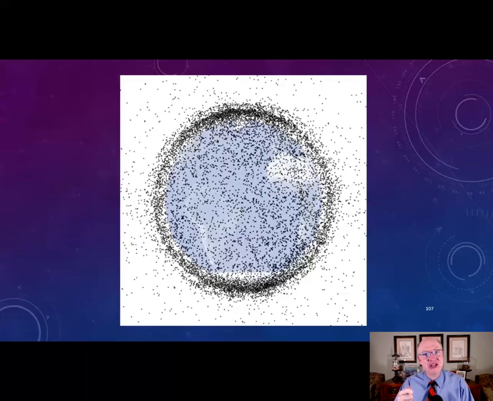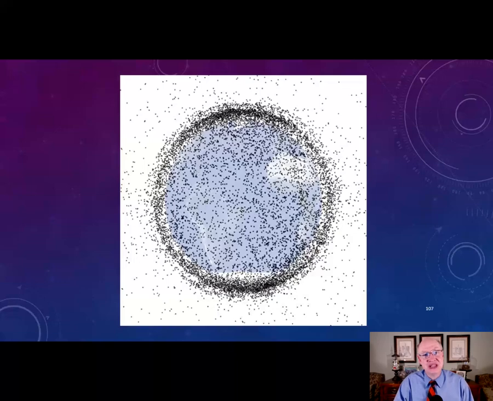Remember that the kinetic energy of something goes as 1/2 times the mass times the velocity squared. So if it's going, say, 10 times faster than a bullet, its energy would be 100 times greater. So even small pieces of debris, like little flecks of paint and tiny pieces of aluminum, become very dangerous projectiles in low Earth orbit.